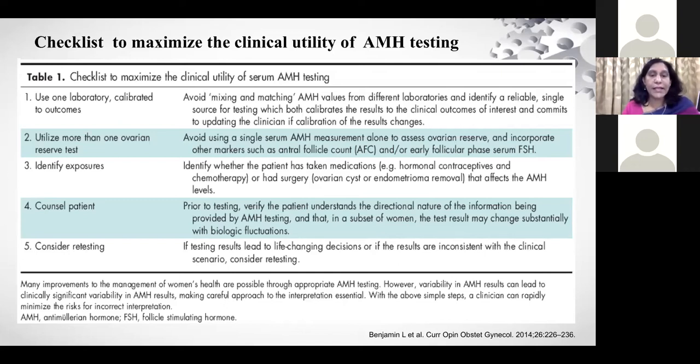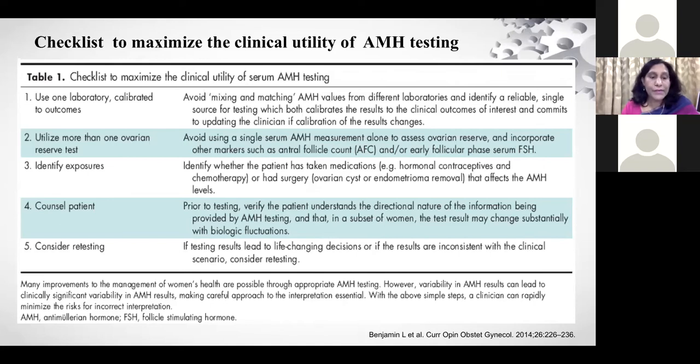Prior to testing, verify the patient understands the directional nature of the information being provided by the AMH testing, and that in a subset of women, the test result may change substantially with biologic fluctuations. Consider retesting. If testing results lead to life-changing decisions, or if the results are inconsistent with the clinical scenario, consider retesting.